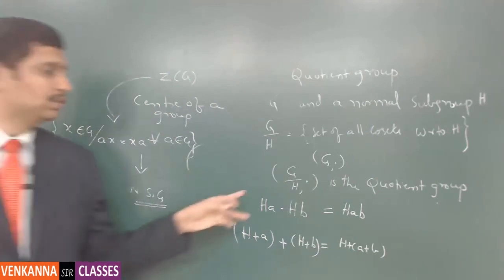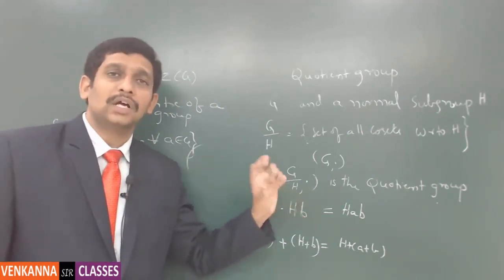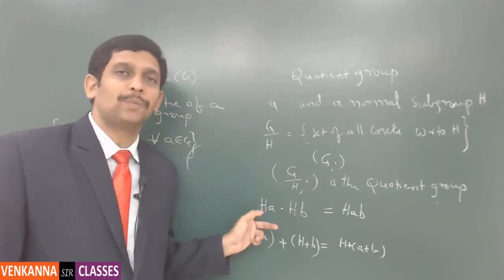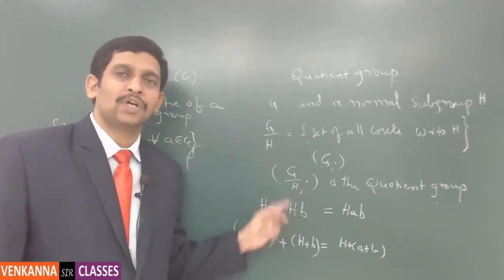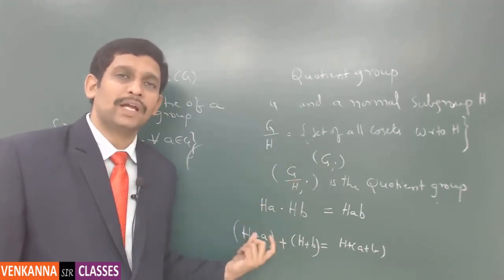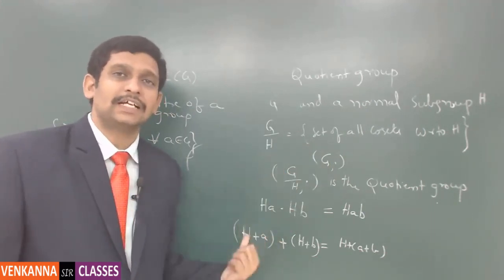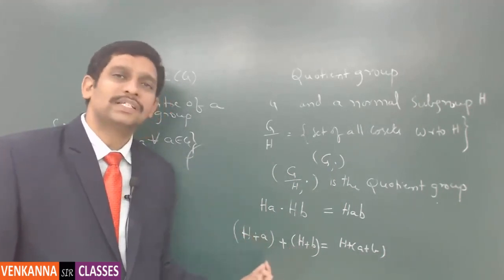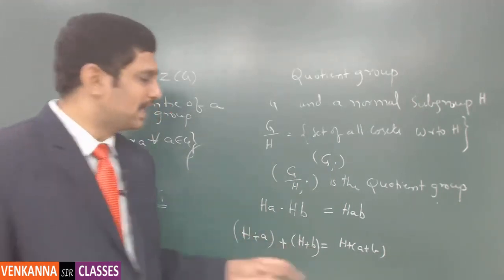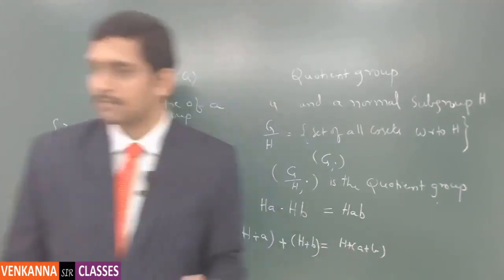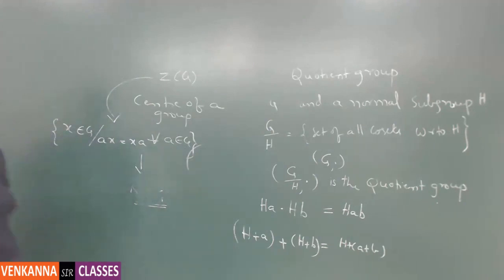Because if you take the operation dot, the coset is formed by multiplying the subgroup with the element. If you take the operation as plus, the coset is formed by adding the element to the set. Similarly, whenever you take two cosets, we add them correspondingly: the elements are added, the set remains the same. Please take a note of that.